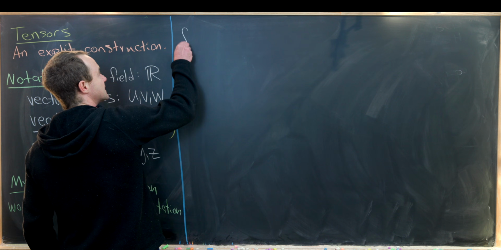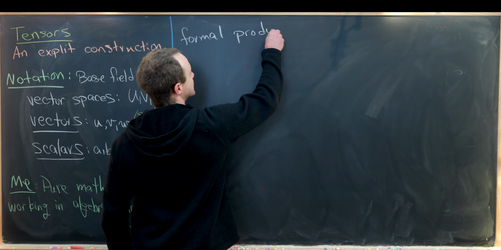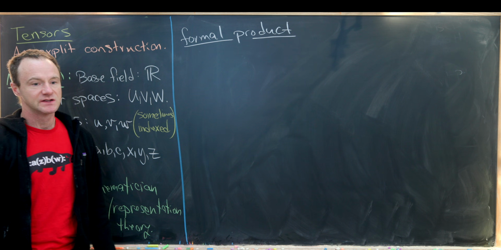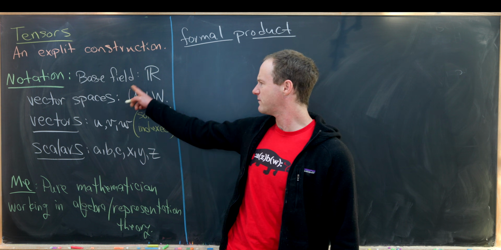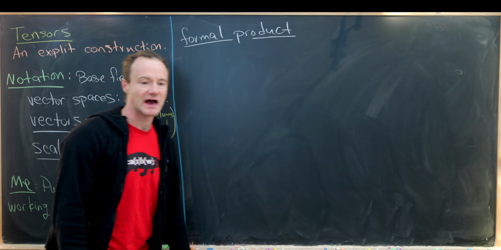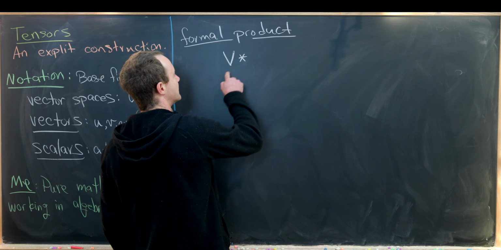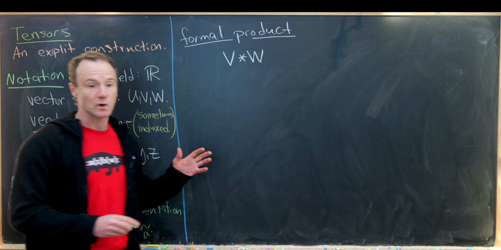So the first thing that we're going to form is this thing called the formal product of two vector spaces. We're going to say our vector spaces are V and W. We may or may not use the vector space U as we move along. And this formal product will be denoted by V star W. Okay, so what do I mean by that?